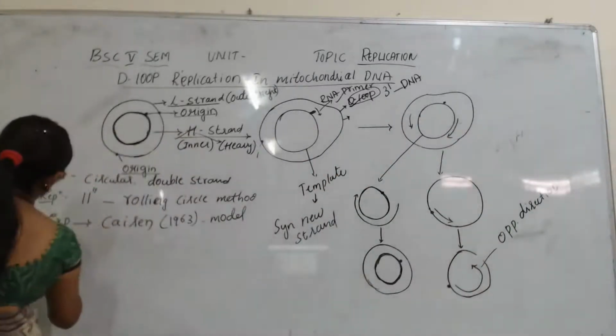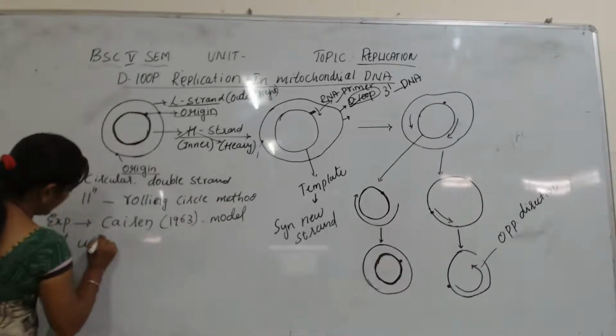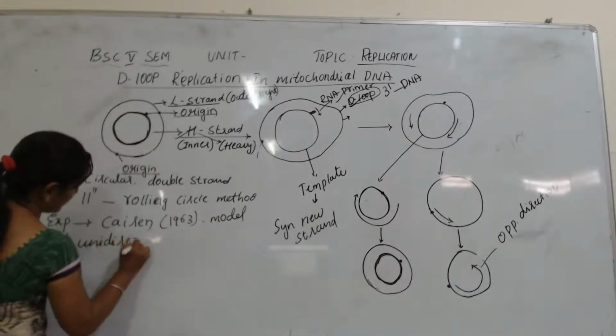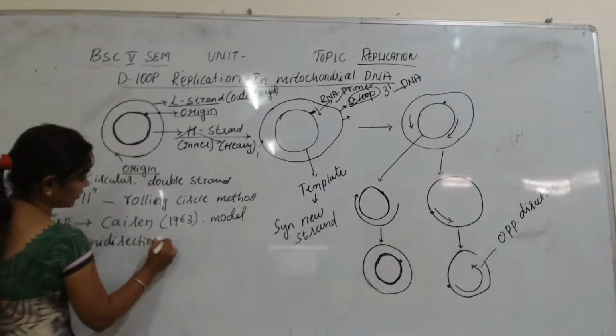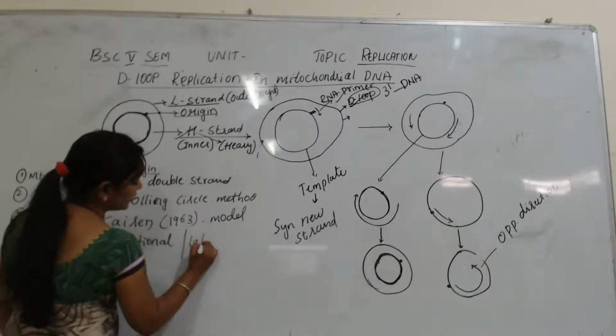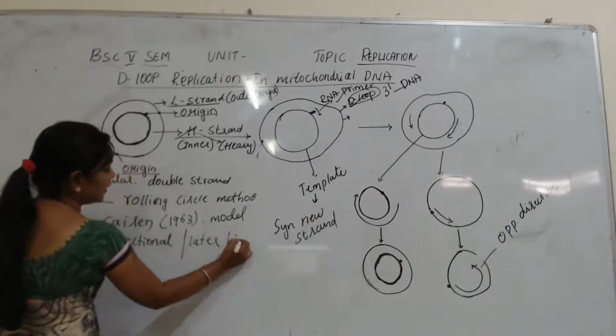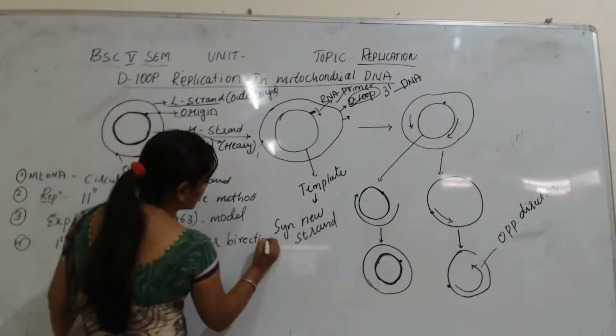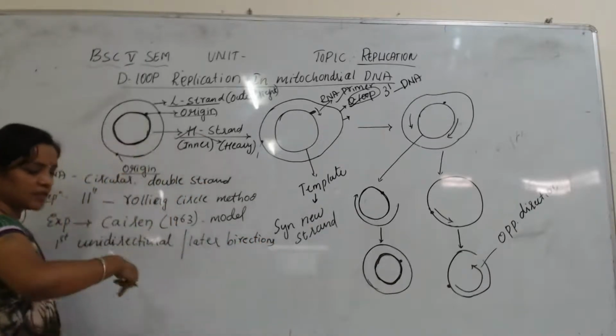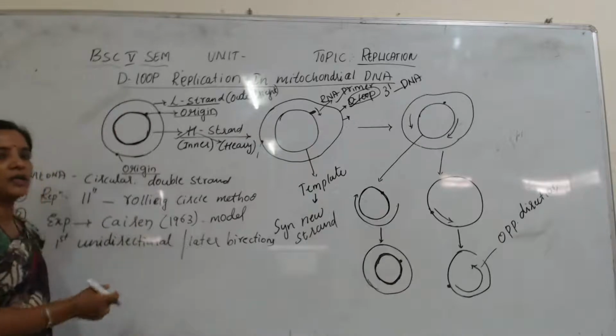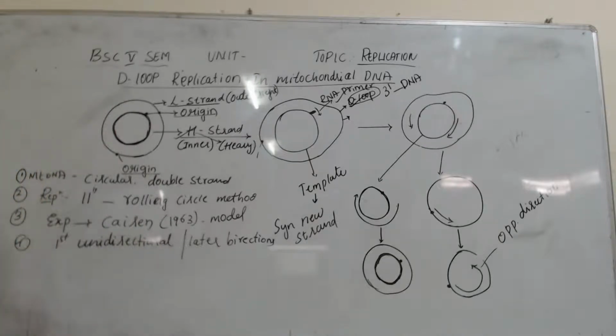First it is unidirectional, later it will become bidirectional. On one side, and slowly they will cover and form up to the origin, terminus and all.